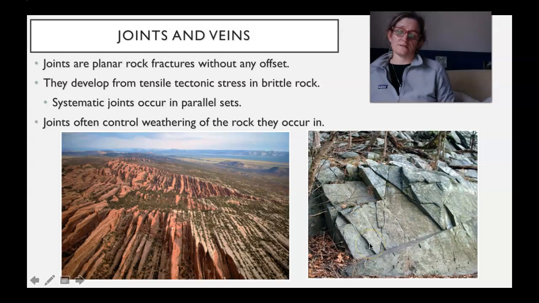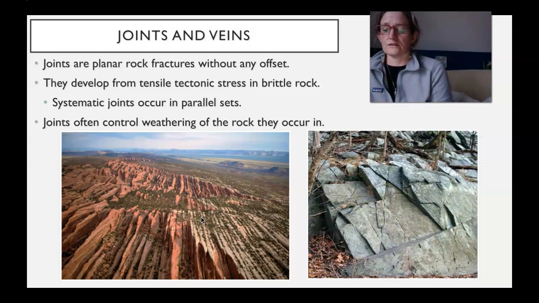The joint sets can be really evenly spaced, like on the Colorado Plateau and these desert rocks, or like on the right, experience a series of deformations. There's lots of different orientations of the three different joint sets.